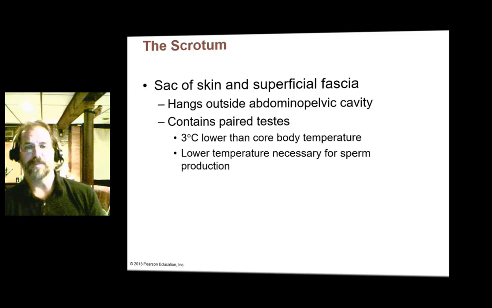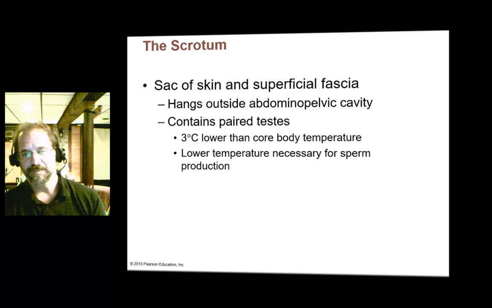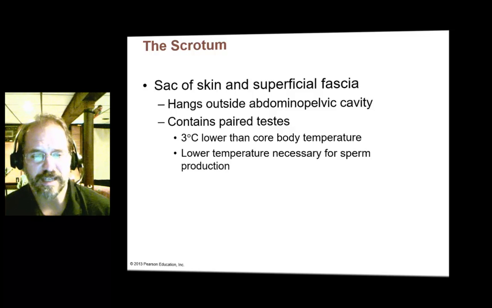There are two muscles that help adjust the position of the testes. I mentioned one already called the dartos muscle, which is that superficial fibromuscular layer that flattens the testes up against the body wall when it becomes cold. And then another one is a cord that hangs down in what's called the spermatocord, and that can actually elevate the testes and pull them almost up inside the body cavity.